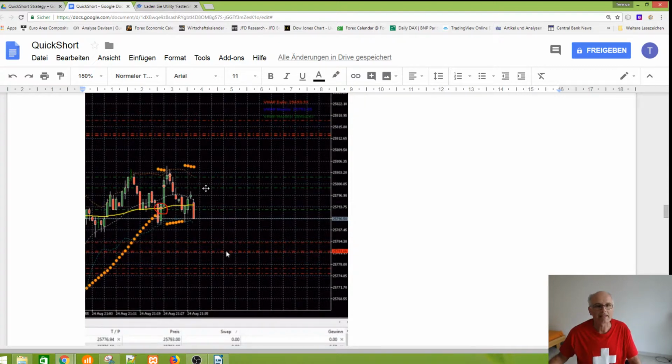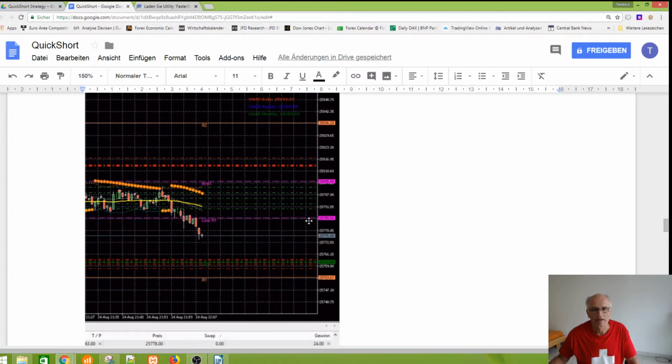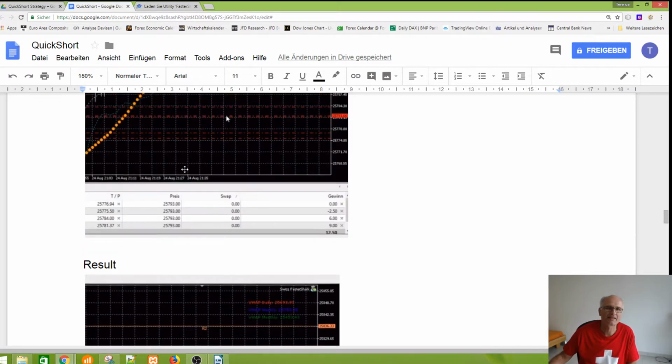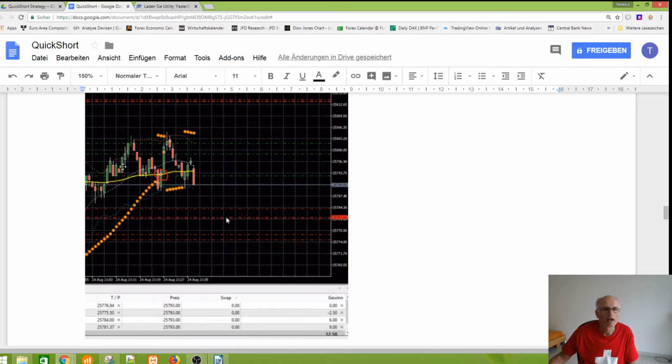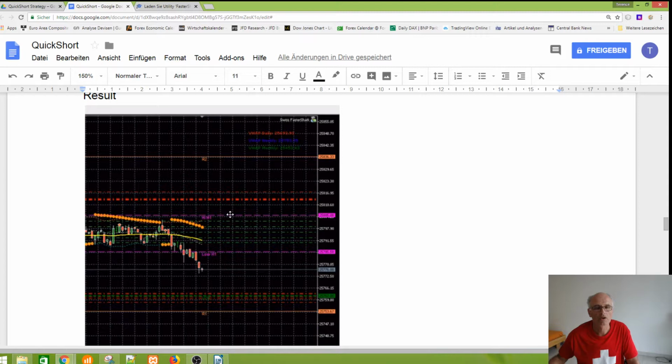This scaled entry was quite at break even, here $12.50, and in the end it was $111, because it was something like a double top or a head and shoulders formation, and I realized the win quite quickly.